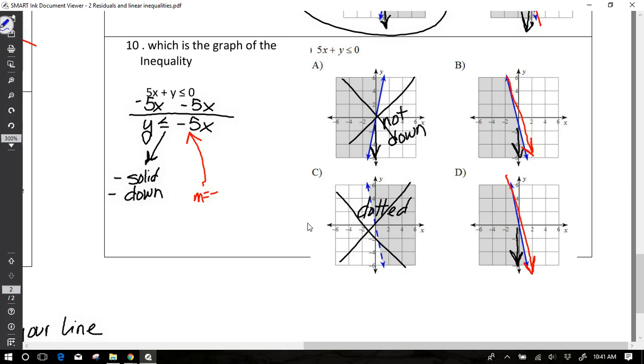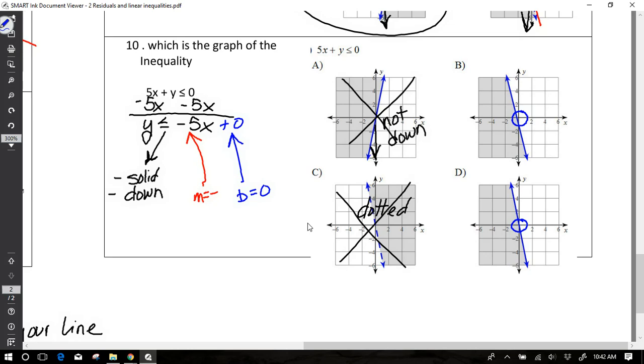So now let's look at our y-intercept. What is the y-intercept for this equation? What number is right there? It would be a +0. So b equals 0. So actually, I'm going to erase my markings here just so that we can see the y-intercepts better for B and D. So right here and right here, these are really close.